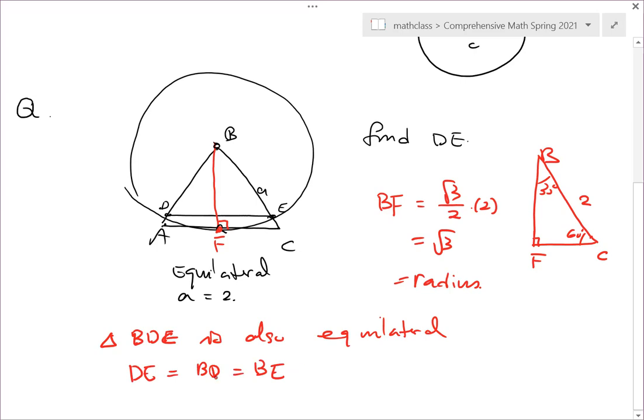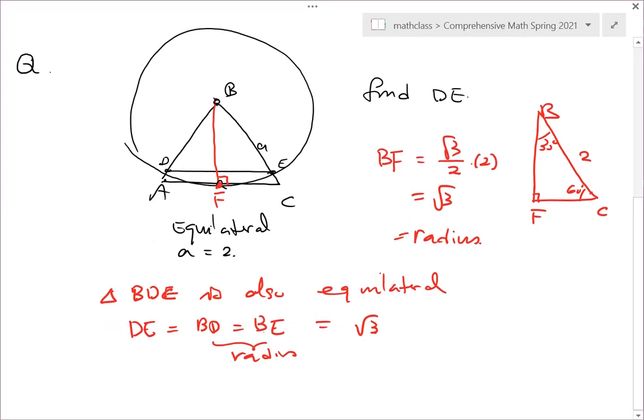BD and DE are the radius. So you already know the radius, so the answer is square root 3. Okay, so that's the easy way to solve the problem.